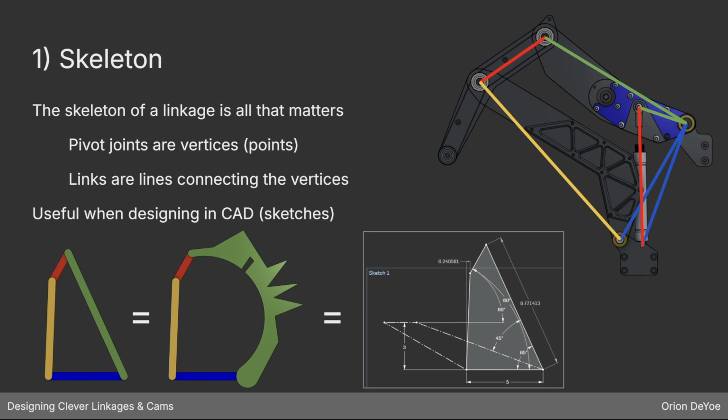The only thing that matters is the distance between the two pivot points. This is particularly useful when you're trying to make linkages that have to fold around other components, like you can see some weird shapes on this intake up here. This is also useful when you're designing in CAD at the early part of the design phase, because you can just sketch a bunch of lines and figure out your linkage geometry without knowing anything about the rest of the mechanical system.